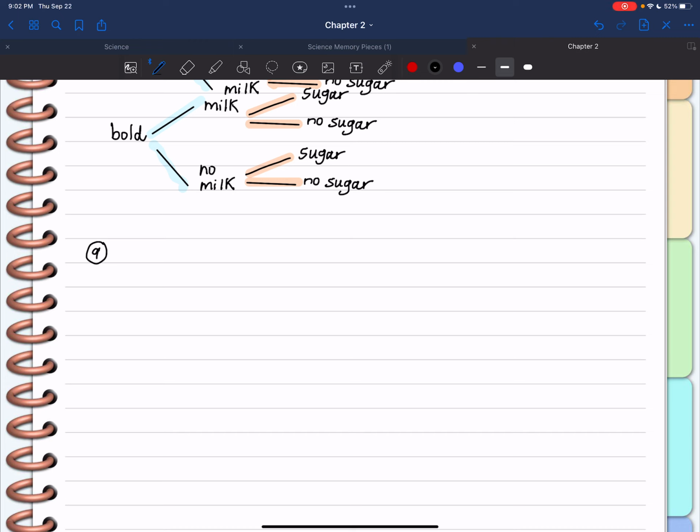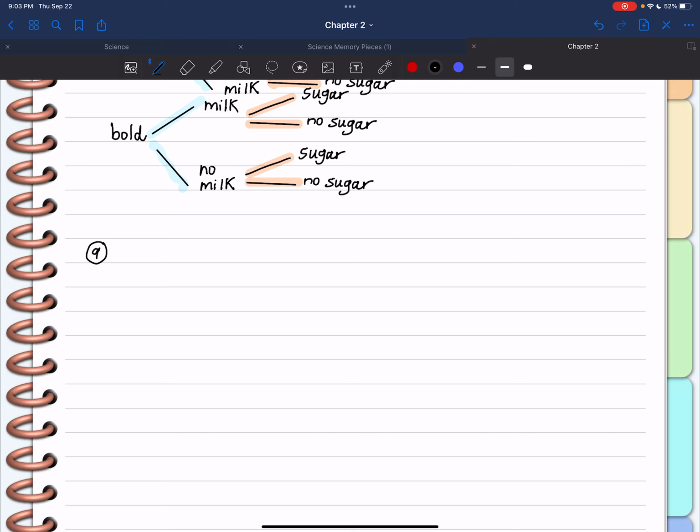Then read the context of the question carefully to see if your answer makes sense. Okay, number 9. Anatolia can choose from 105 different outfits. She has more tops than skirts and more skirts than pairs of shoes. How many tops does she have?